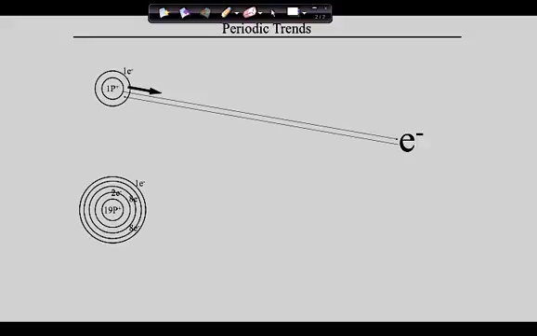And what do we call that interference caused by electrons around the nucleus? Shielding. So guys, we now have a wrestling match. This nucleus is going, hey electron, come over here, but this electron is going, you're not coming over here.